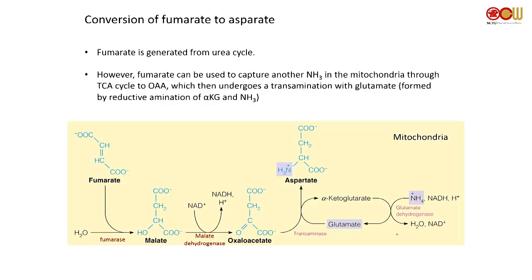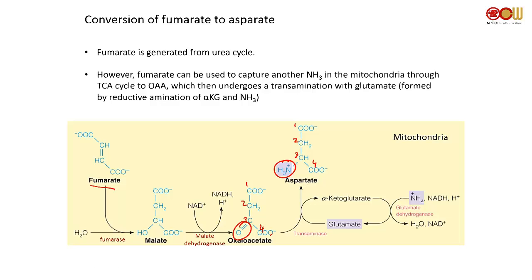So we know fumarate can go to oxaloacetate, and oxaloacetate can do a transamination to generate aspartate. How do I know that? Because aspartate has 4 carbons: 1, 2, 3, 4. Oxaloacetate also has 4 carbons. Here is the amino group, here is the keto group. Transamination.